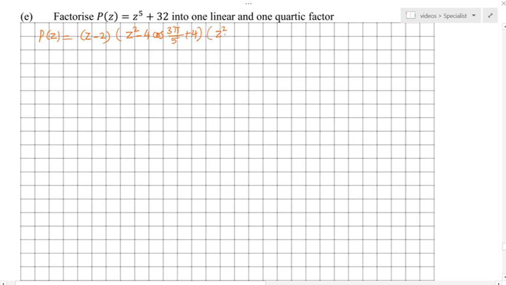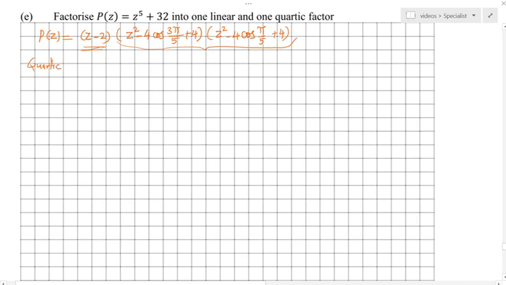And the other quadratic factor is z square minus 4 cos pi over 5 z plus 4. So that is my linear factor, and these two together can give me a quadratic factor. So I just need to multiply them.